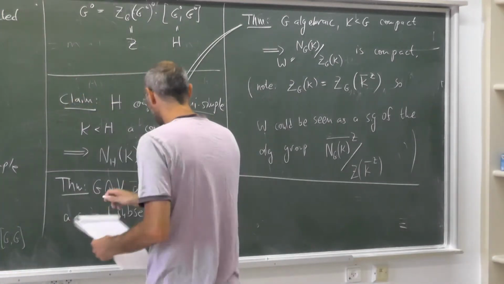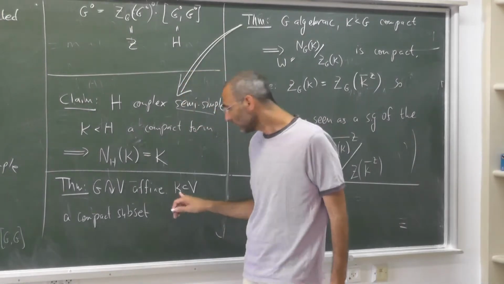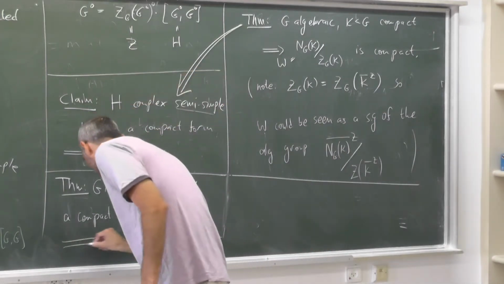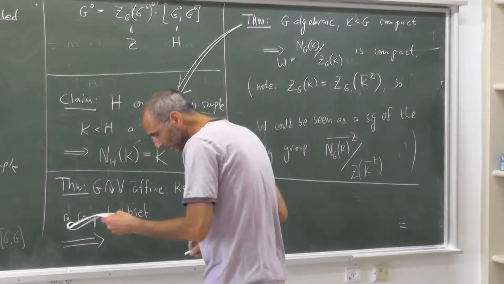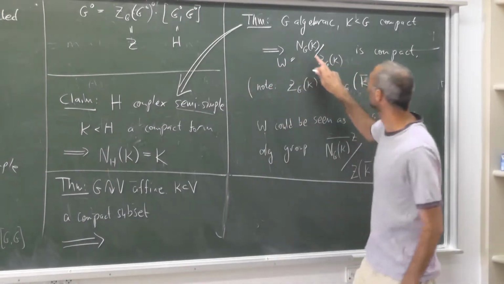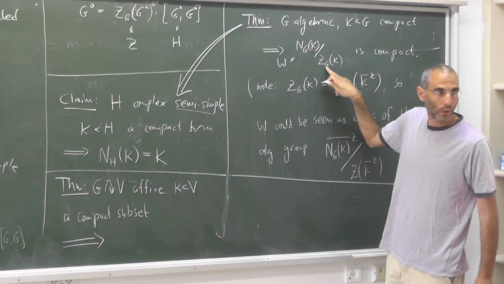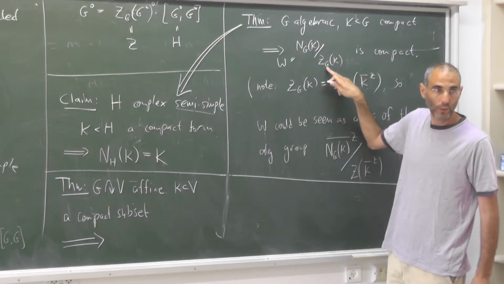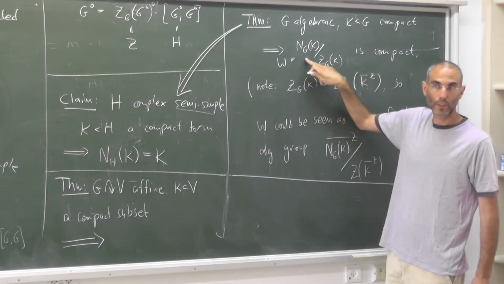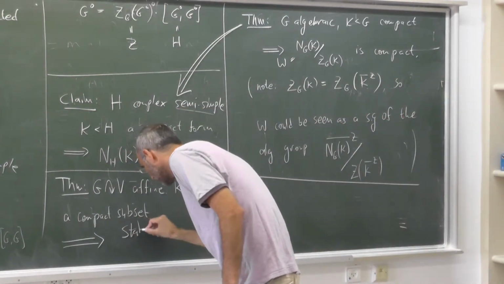Now I'm acting on an affine variety, and I'm having whatever compact subset. Then the claim says that I can look at two things. The pointwise stabilizer of K, the fixator of K, and the stabilizer of K as a subset. I'm using those two symbols. These are the standard ones.